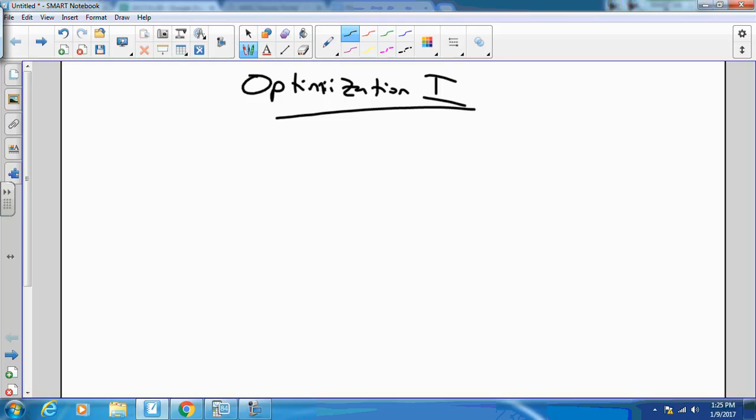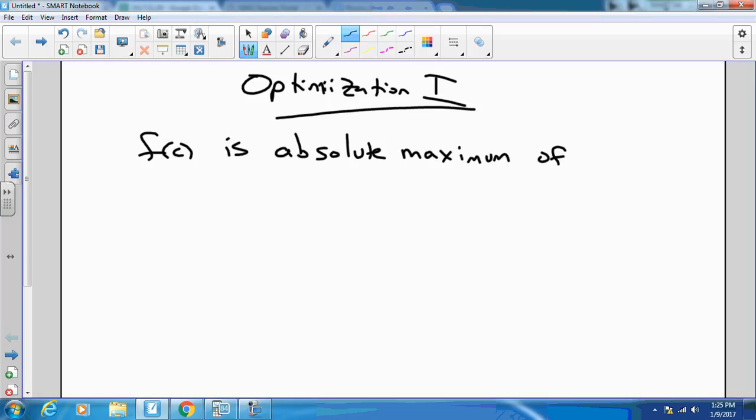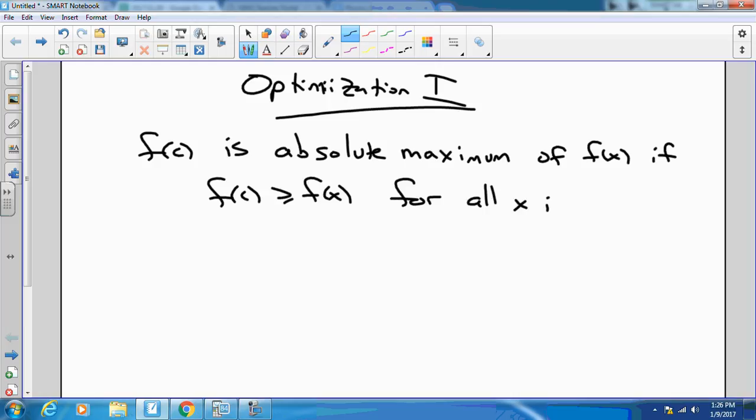We're going to start with a definition that is going to look somewhat familiar, but not perfectly familiar. We're going to say that f of c is the absolute maximum of f of x if f of c is greater than or equal to f of x for all x in the domain of f.